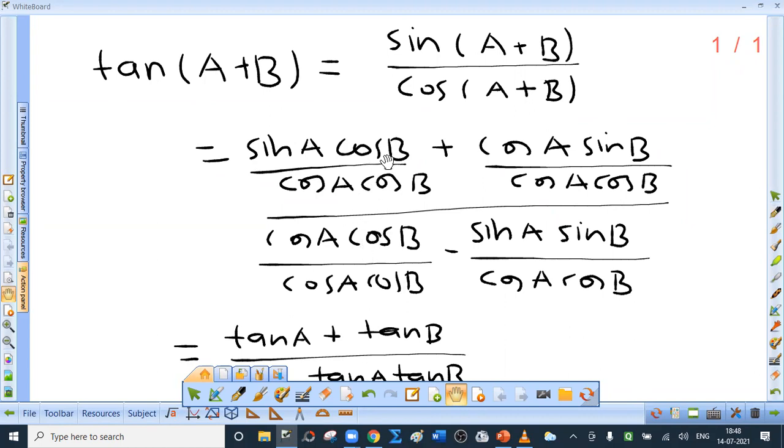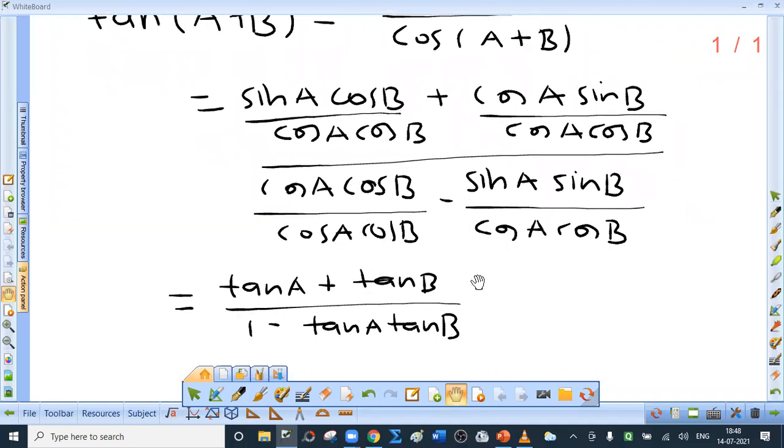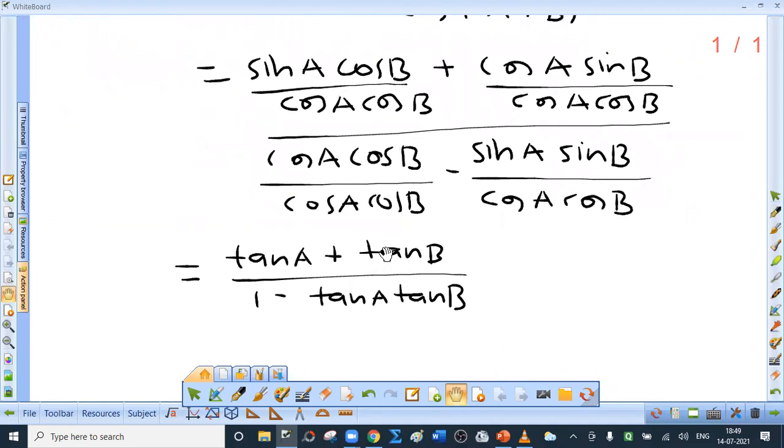So here cos b gets cancelled. So tan a plus tan b upon, this cos cancels, 1 minus tan a tan b. So this is about sine, cos and tan of which compound angles? A minus b, a plus b.